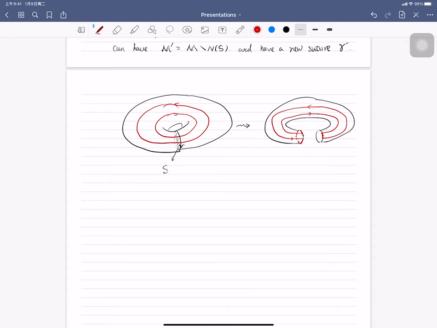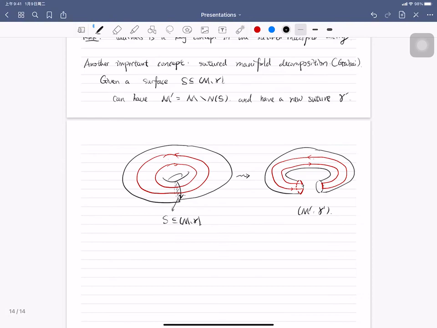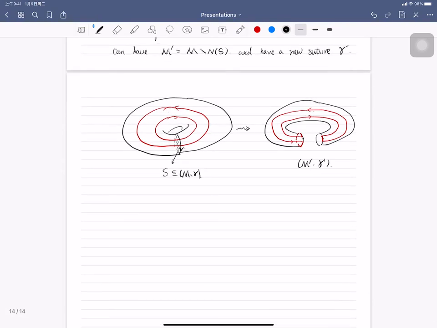So this is the original surface and the suture manifold M and gamma, and here is the new suture manifold. Of course, this is also due to Gabai. So if you want to know more about suture manifold decompositions, you can have a look at Gabai's original paper.